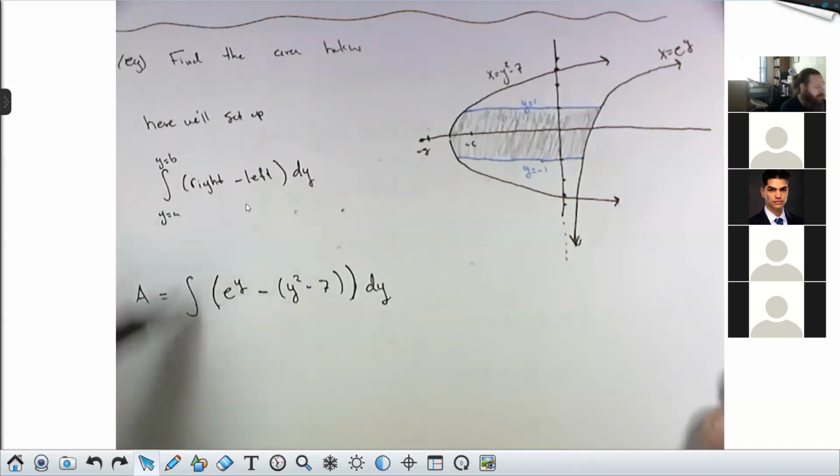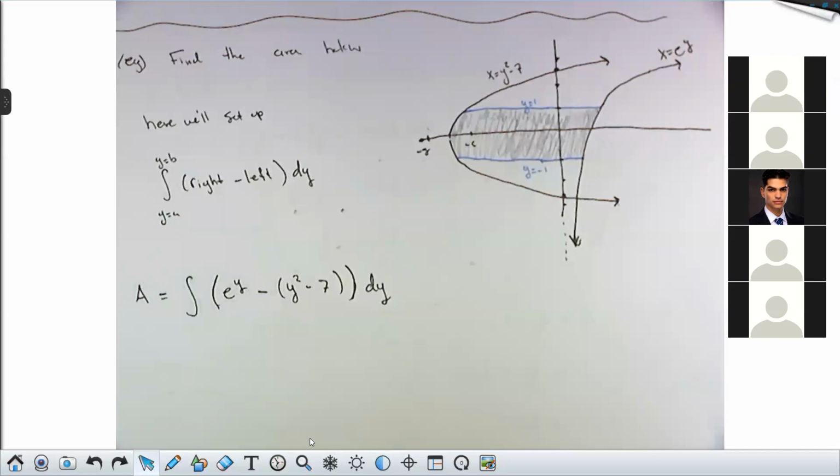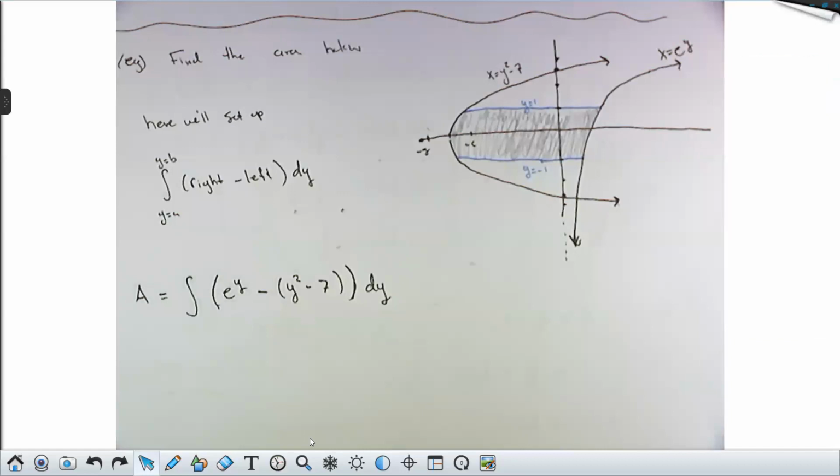It goes here and here. Everybody looking at the chat? Fabrice has it in the chat there. Remember, they're y values. This is the importance of remembering you're doing a dy integral.